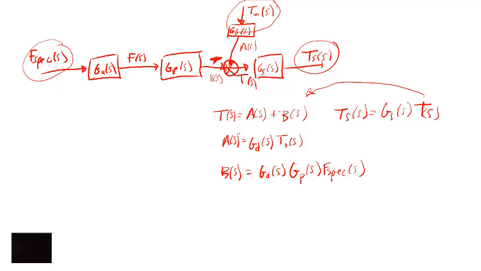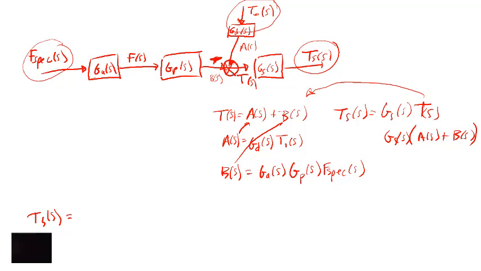Okay, so now this can be put in here, and we can write T sub S, the sensed temperature, equals this transfer function G of S times T. So this right here is going to be A of S plus B of S times G, the transfer function of the sensor. So again, I'll put A in there and I'll put B in there.